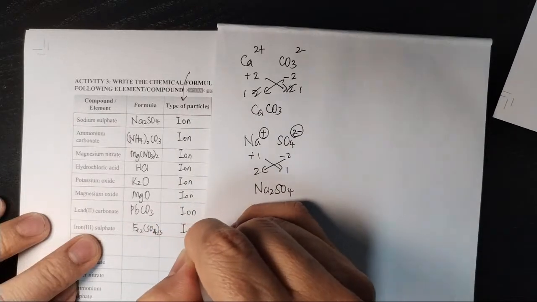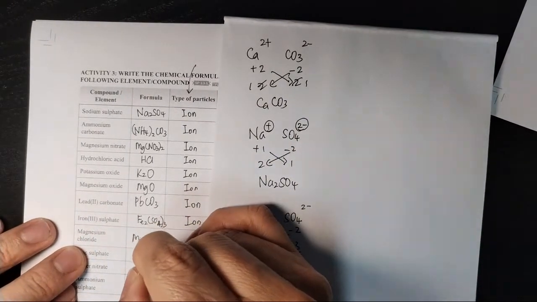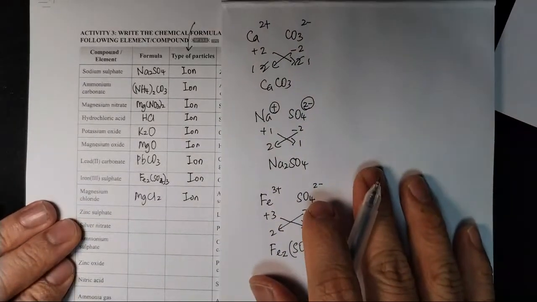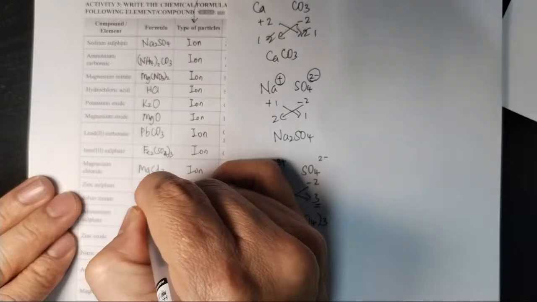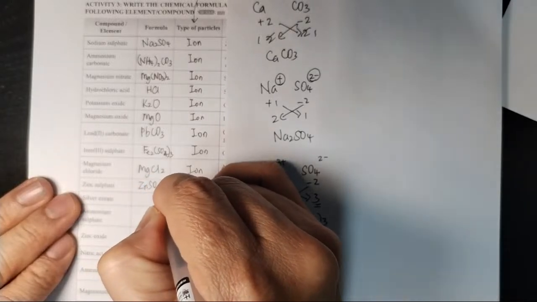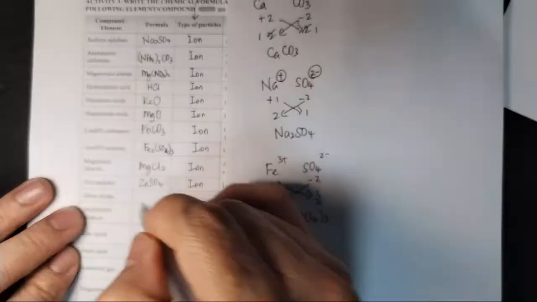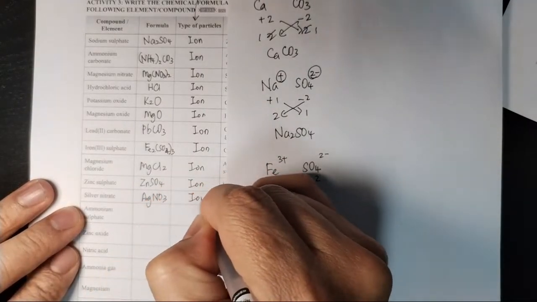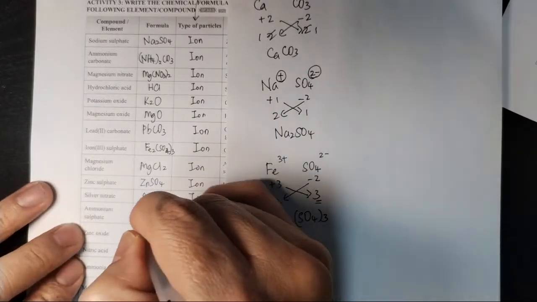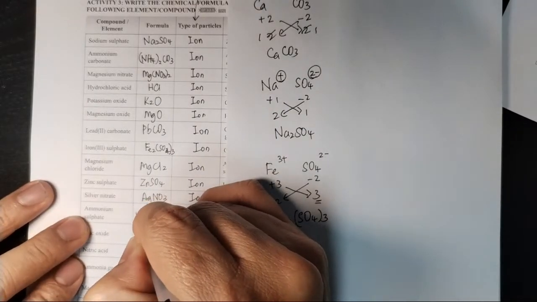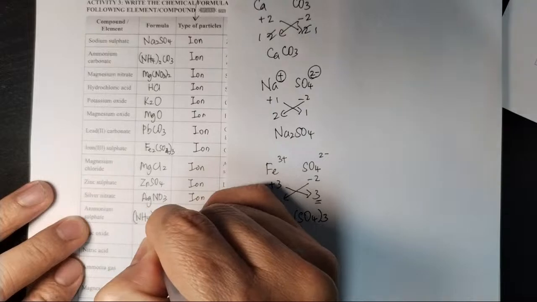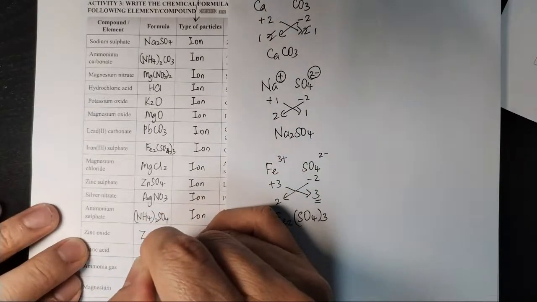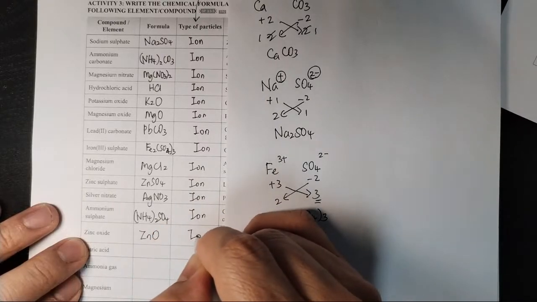So they are also ions. Magnesium chloride, ions. Zinc sulfate, ions. Silver nitrate, ions. Ammonium sulfate is (NH4)2SO4, ions. Zinc oxide, ions.